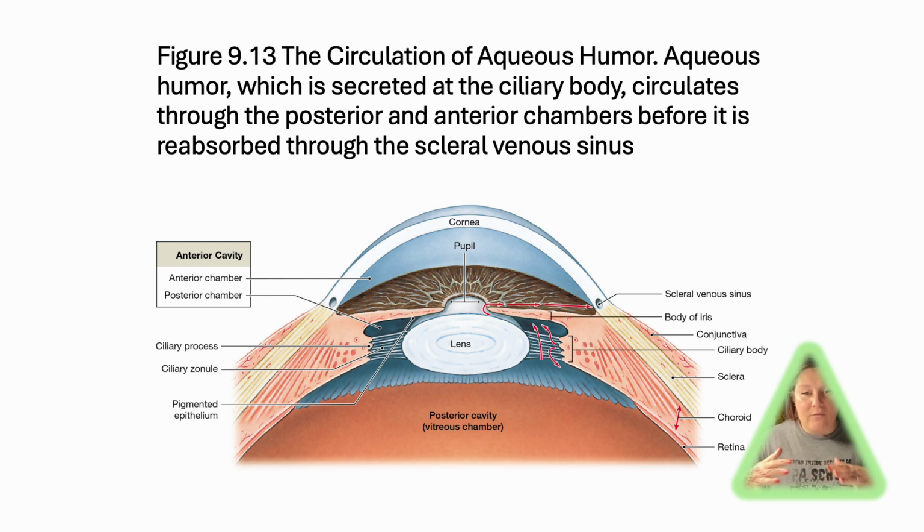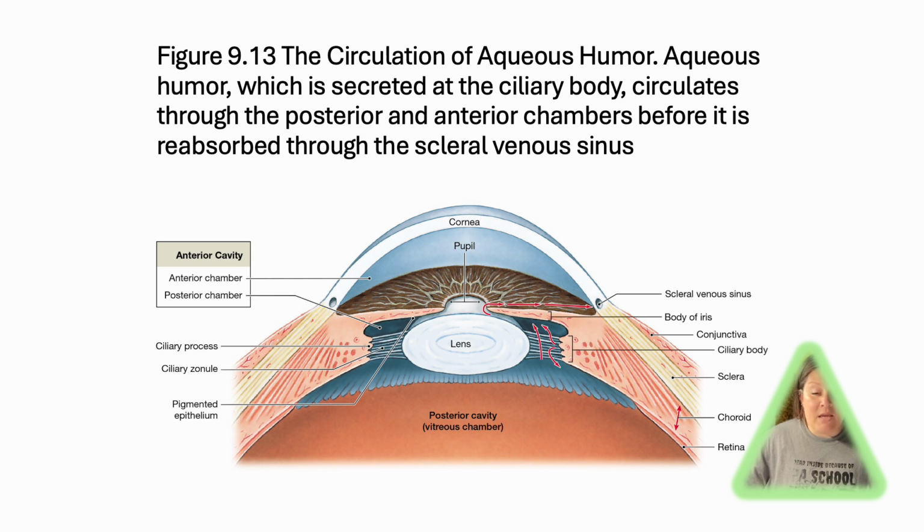And what we've somewhat brushed on is that the anterior cavity and the posterior cavity, because the anterior cavity is subdivided into the anterior and posterior side. And what is dividing this anterior and posterior side is going to be the iris. The iris is going to divide the anterior to the posterior part of that anterior cavity.